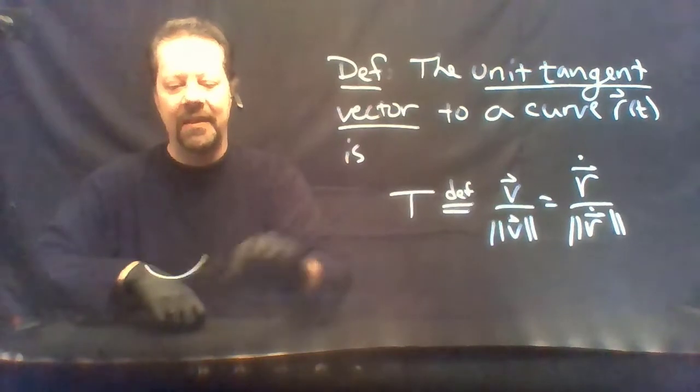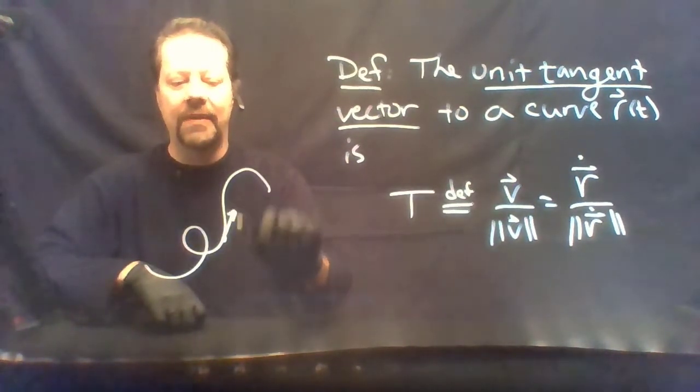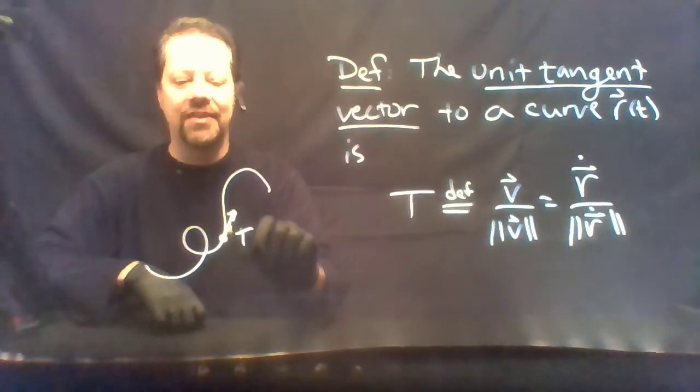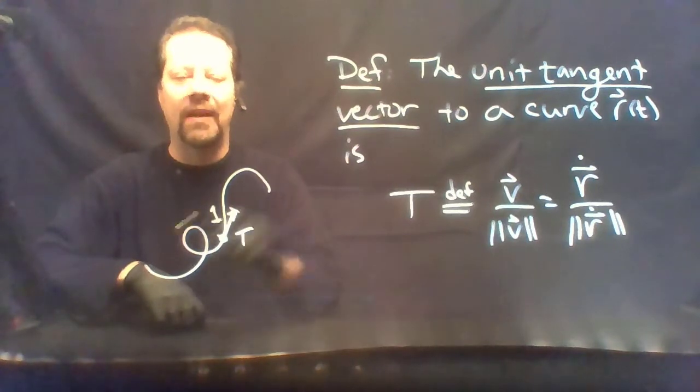That way, if you have some curve, the unit tangent vector always is tangent to this curve and of length 1.